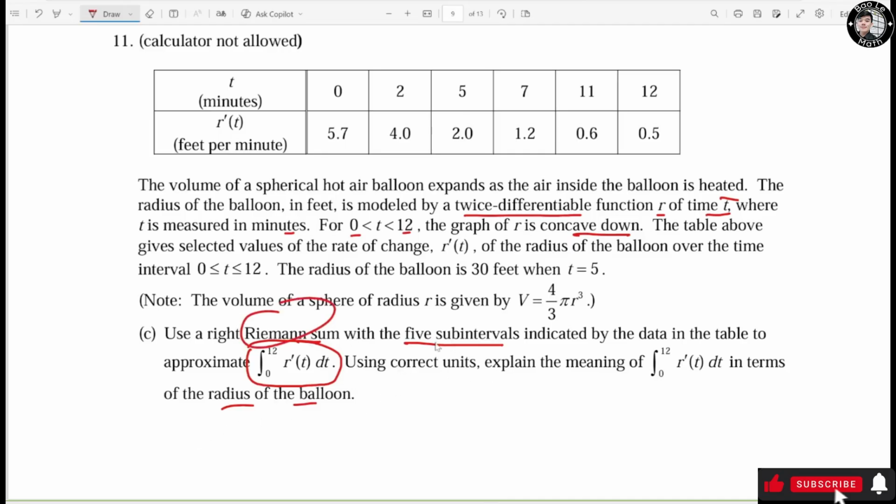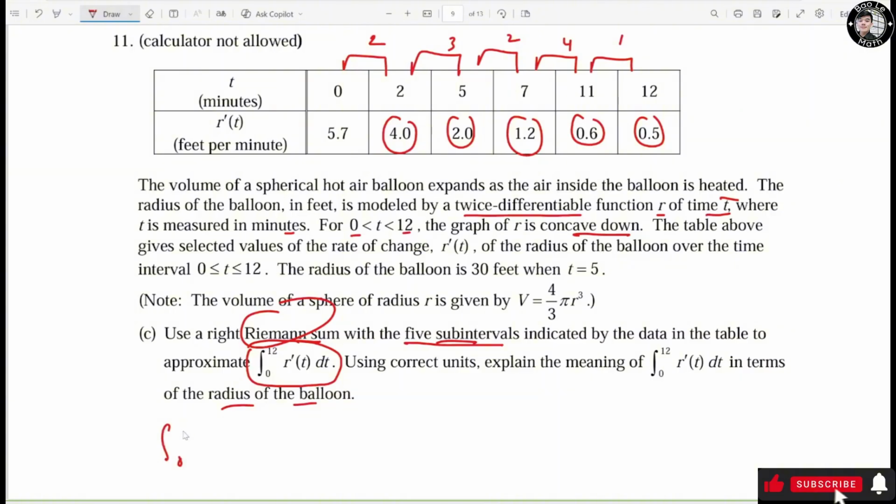Alright, now right Riemann sum, 5 subintervals. So the widths right here are 2, 3, 2, 4, and 1. For the right Riemann sum you need to pick the heights right here: 4, 2, 1.2, 0.6, and 0.5. So the integral from 0 to 12 of r prime of t dt equals height times width.